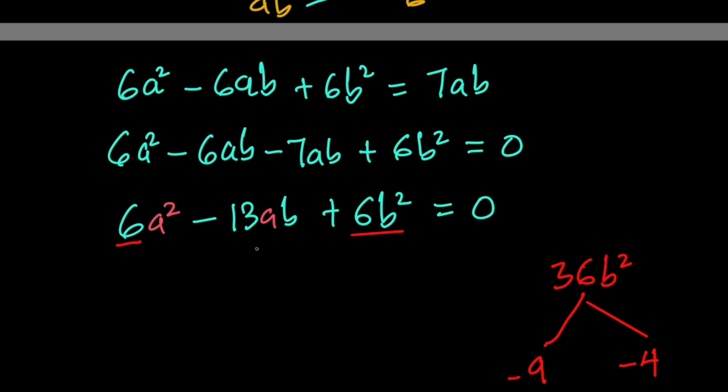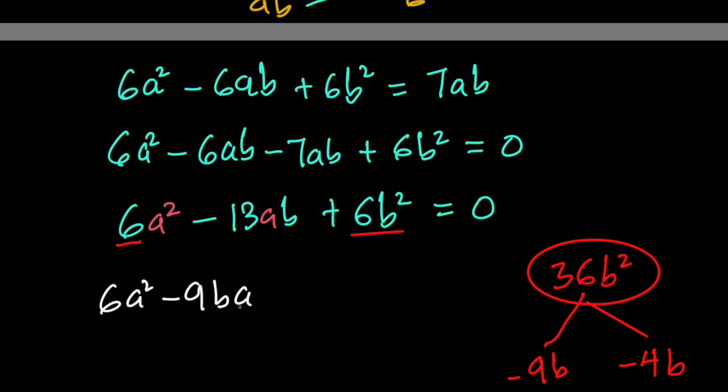Now we are getting this negative 13, but we are not getting this 36b squared. So what I'm going to do is that I'm just going to put b here and then b here, so that when we multiply them, we are getting this one, and when we add them, we are getting negative 13b. So you see, this is really simple. So now the equation becomes 6a squared minus 9ba, because a is the variable.